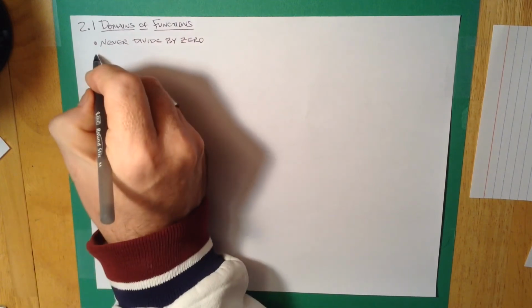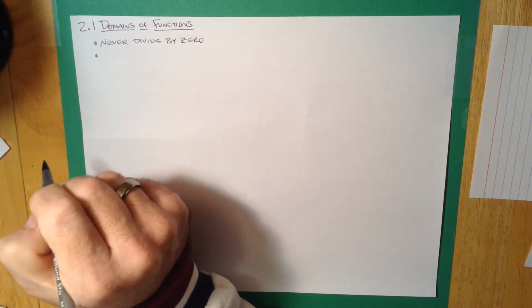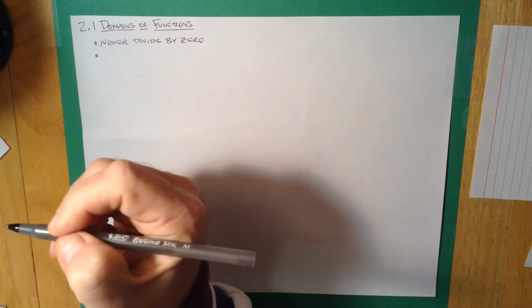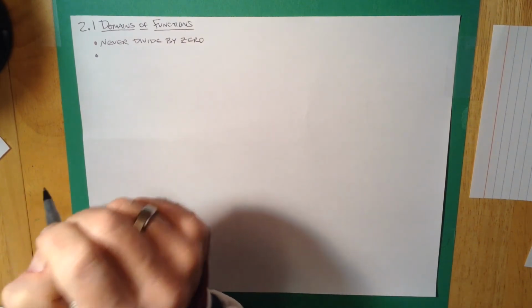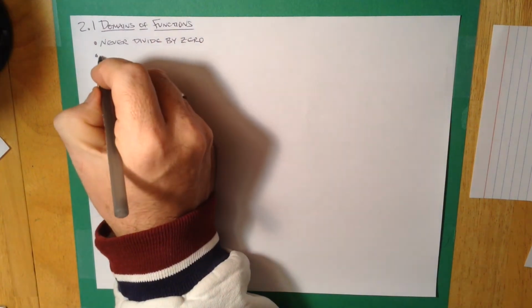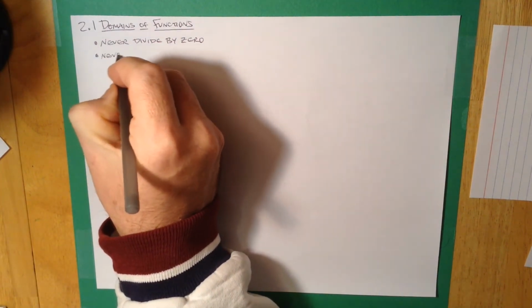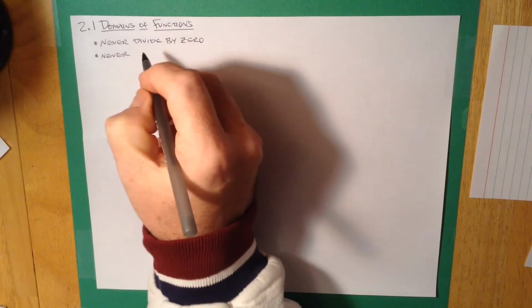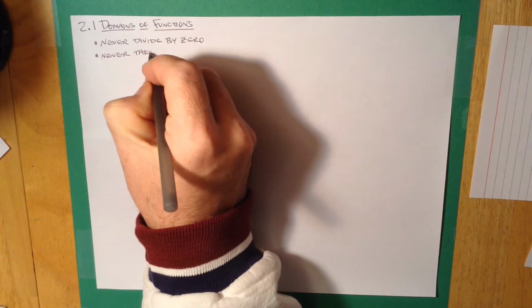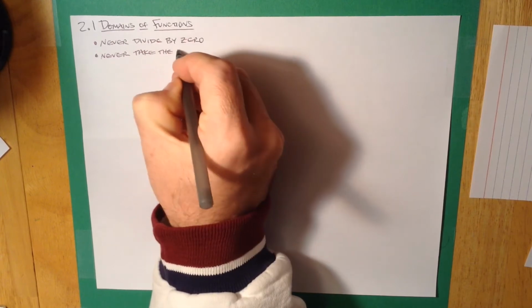The second one, and I'll give an example of this as well, is that whenever we have an equation or a function that involves an even root, a square root or a fourth root, we have to be sure that we are never going to take the even root of a negative number. Okay? Let's get that down.